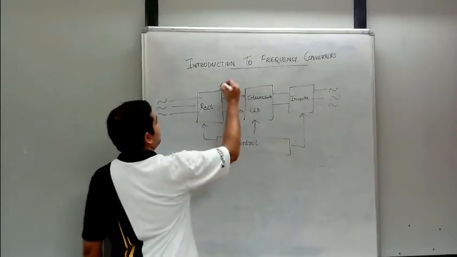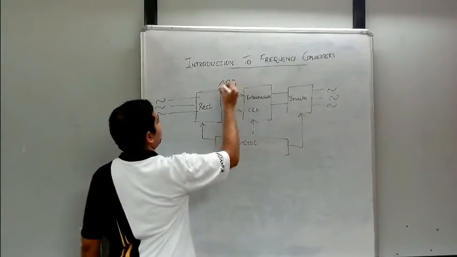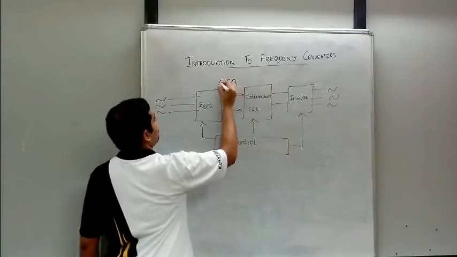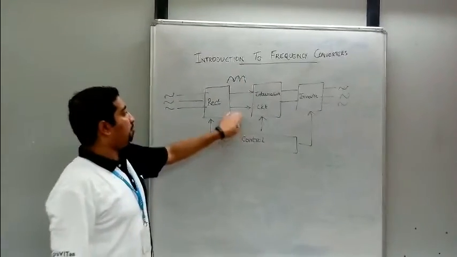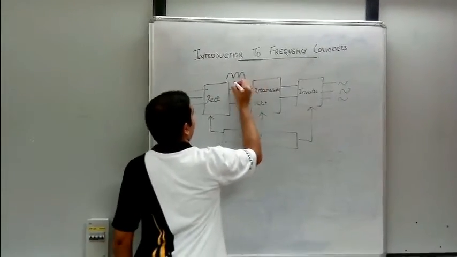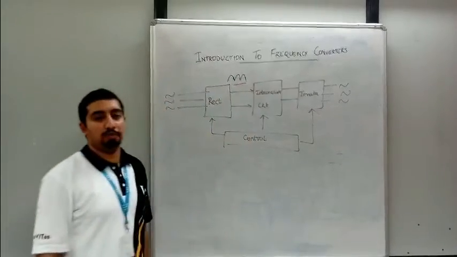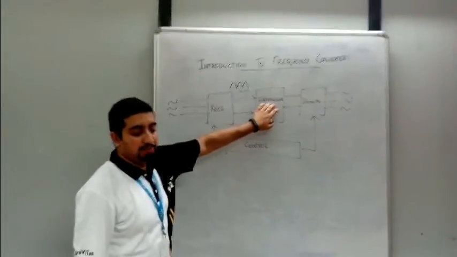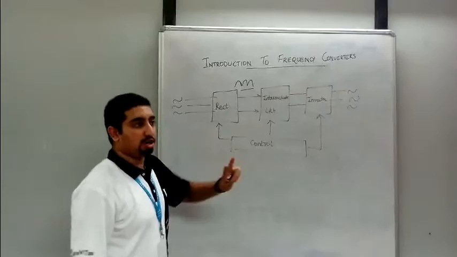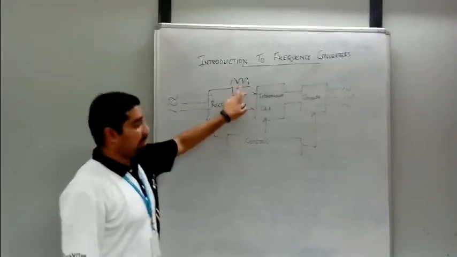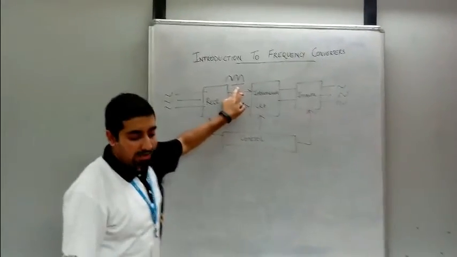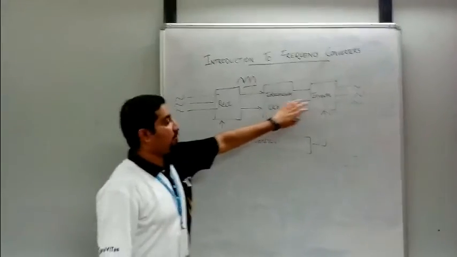Now we'll see what this intermediate circuit does. I told you that this is a pulsating DC. Our first aim should be to make sure that this value is an almost constant value. So this intermediate circuit has two functions. One is smoothing the DC voltage and then providing energy storage for an inverter.